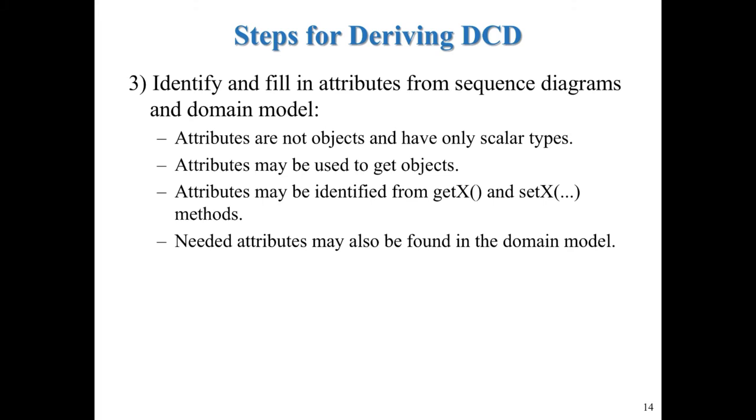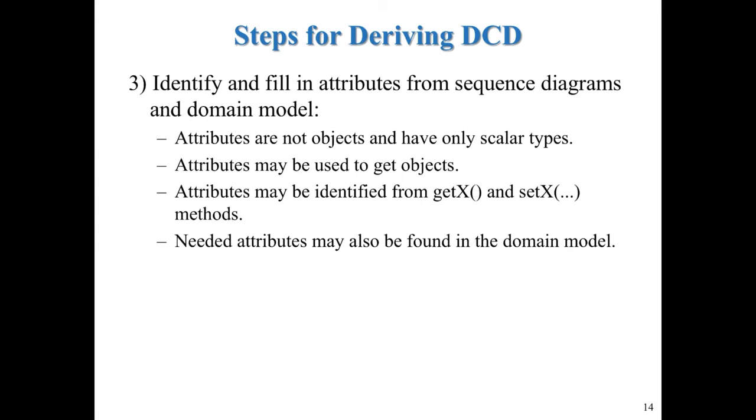Get is one method, set is the second method, for each of the attributes. That is, attributes are always kept private, and you provide public methods to access your attributes. Access means either you want to get the existing value of the attribute, that is getX, or you want to set the values of existing attributes, that is setX.